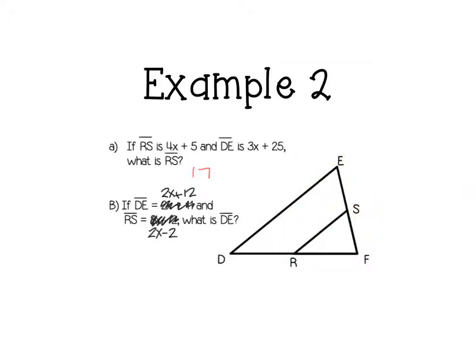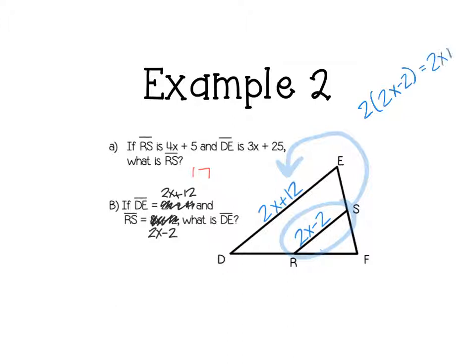All right, so let's look at B, where we have 2x plus 12 and 2x minus 2. And again, you're going to need 2 of these to make 1 of these. So 2 times 2x minus 2 equals 2x plus 12. So 4x minus 4 equals 2x plus 12.